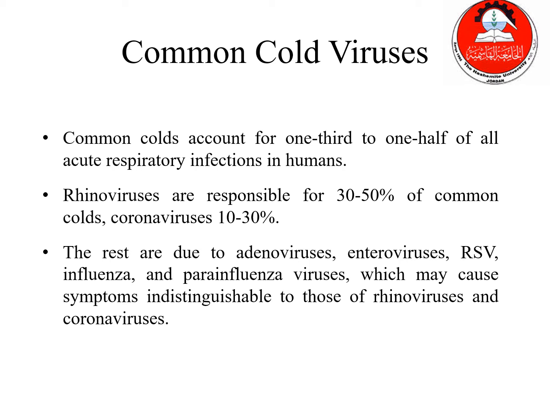Both rhinovirus and coronaviruses are labeled as common cold viruses. Other upper respiratory tract infections can be caused by other viruses such as the adenovirus, the enterovirus, the respiratory syncytial virus, influenza, and parainfluenza viruses.